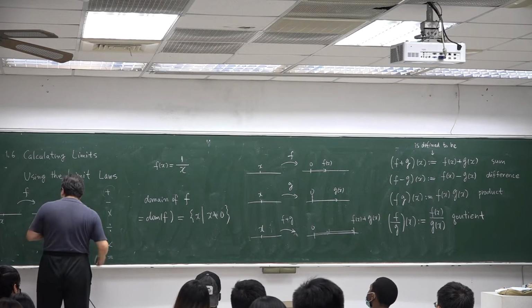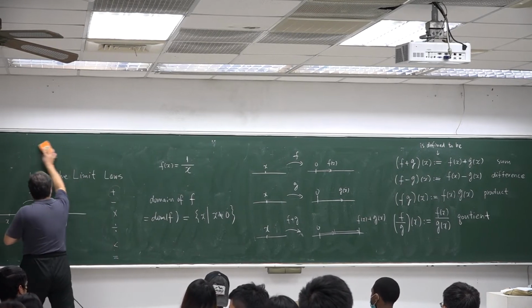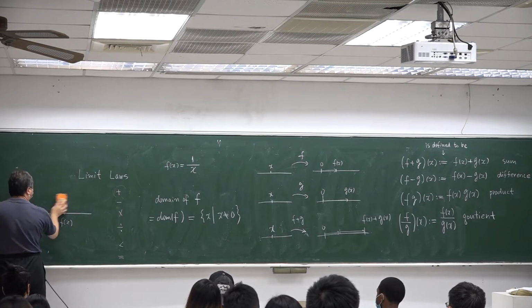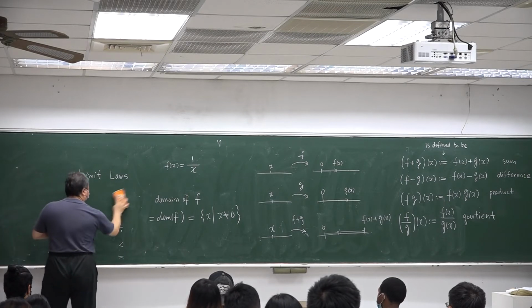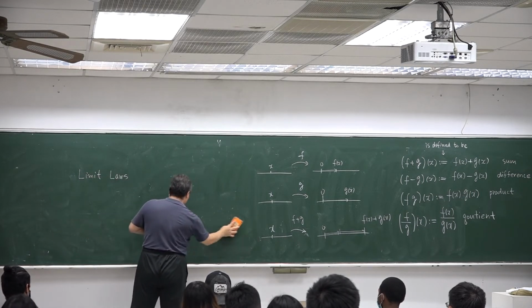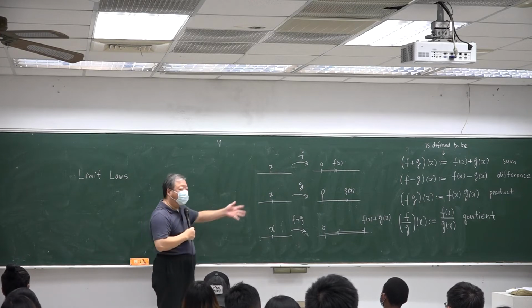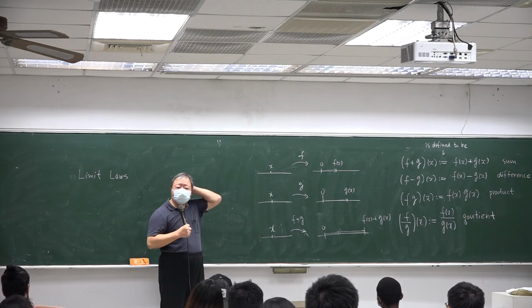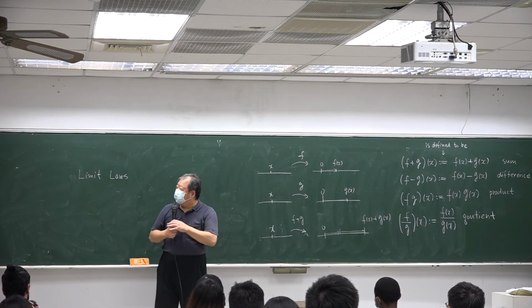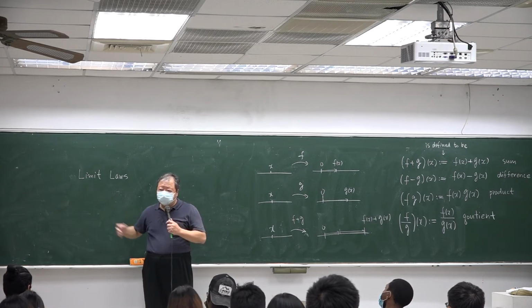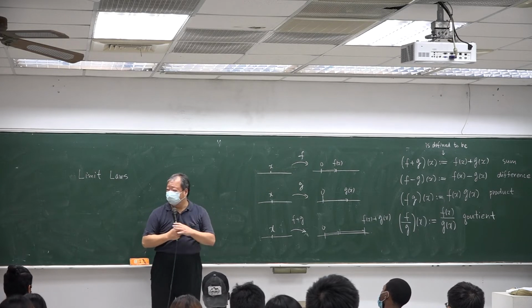Okay, then let's state some limit laws. These are all old objects. Limit is a new object. So we combine the new object with old objects.